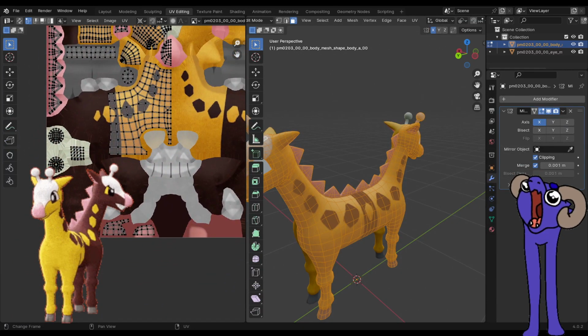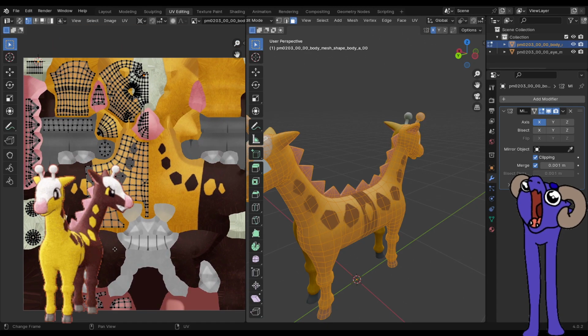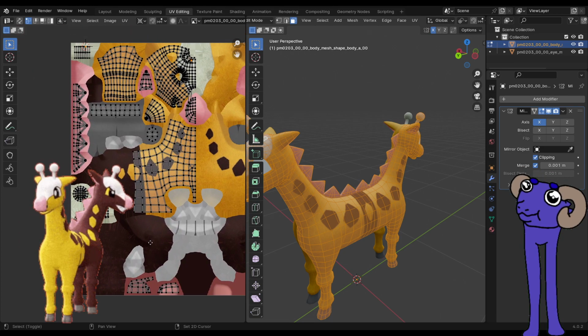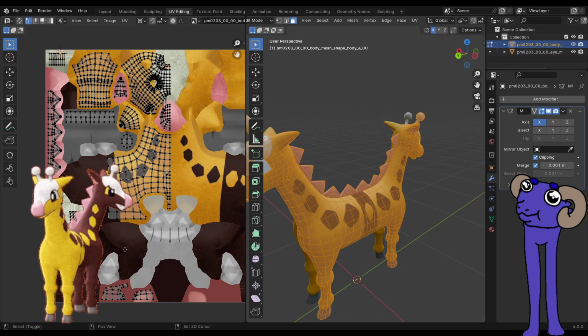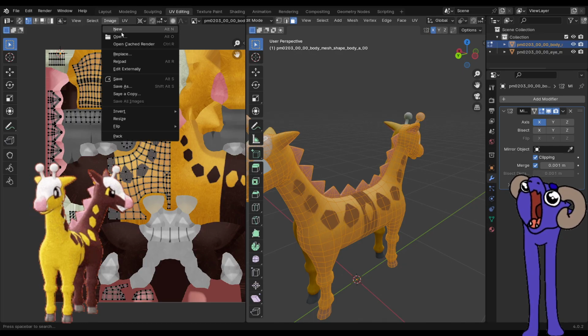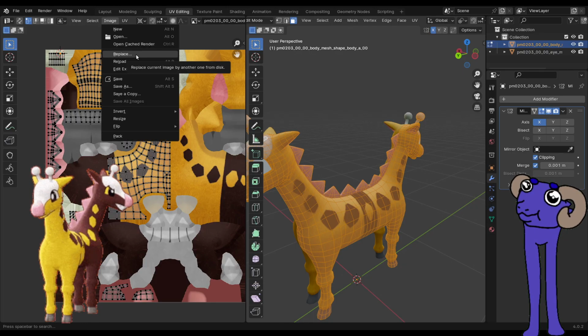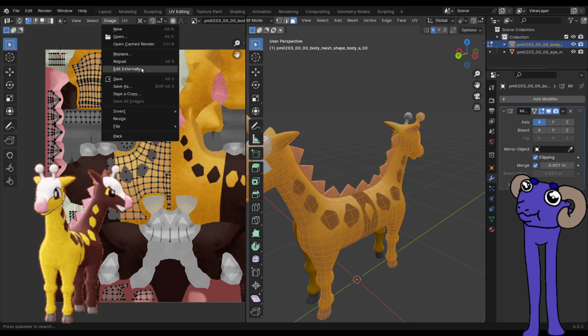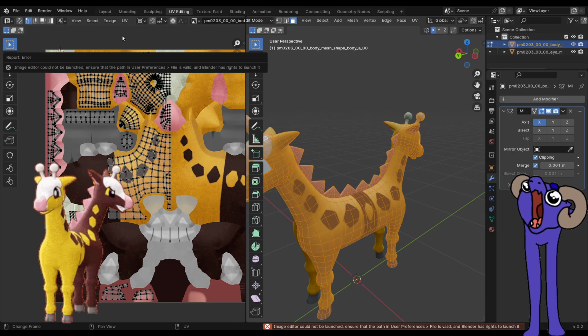Okay, so there is a large portion of the model which isn't being used down here. So we could probably make use of that for doing the texturing. Excuse me, I'm a little bit ill. Edit. Okay.